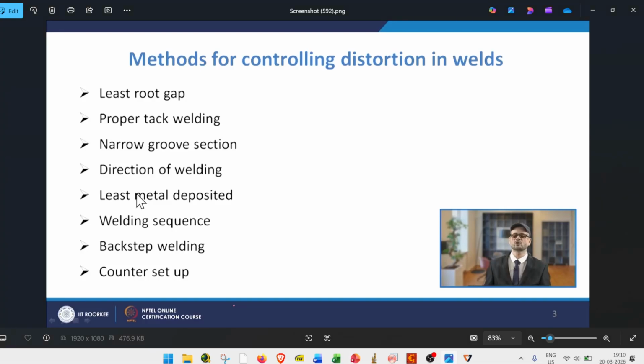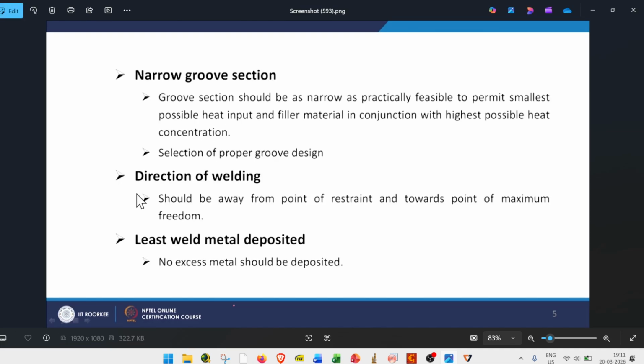Next is the proper tack welding. Next is the narrow groove section. Next is the direction of the welding, least metal deposition, welding sequence, and backstep welding and counterstep welding.